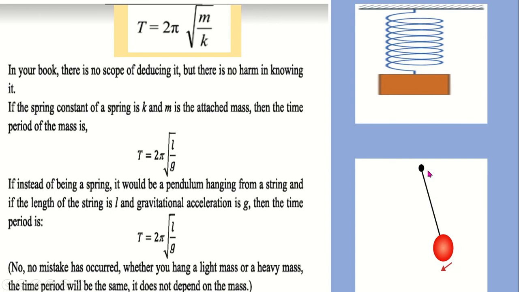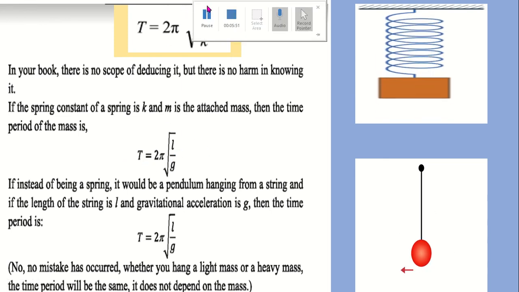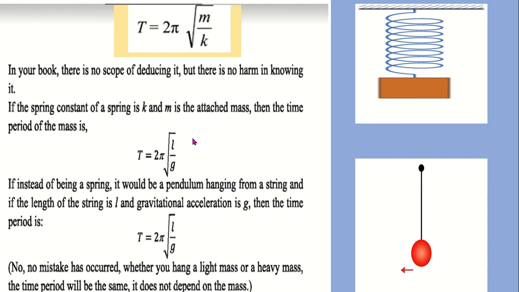The bob at first is taken to this position, then the bob will move from here to here and again come back to here. In this way it completes one vibration, and we can find the time period of completing one vibration by this formula, T equal to 2π root L by g.